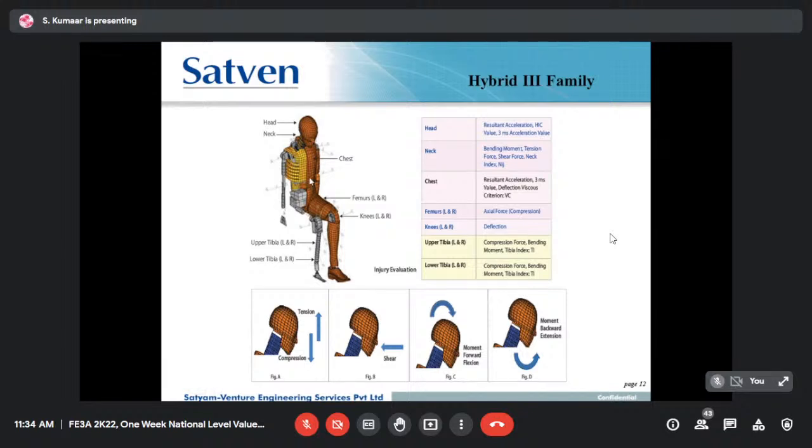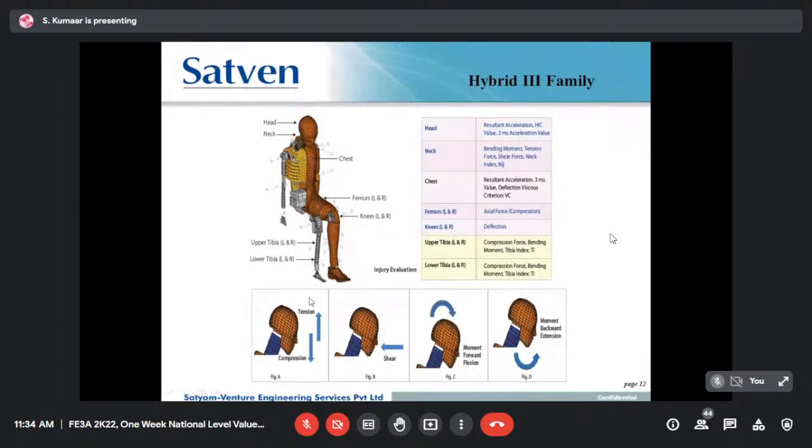By using the femur sensor, we can see how much force is experienced on the left side and right side. And during the crash, we can see what sliding is happening at the knee. And by using the upper tibia and lower tibia sensors, we can measure the force and the movement happening at these locations.